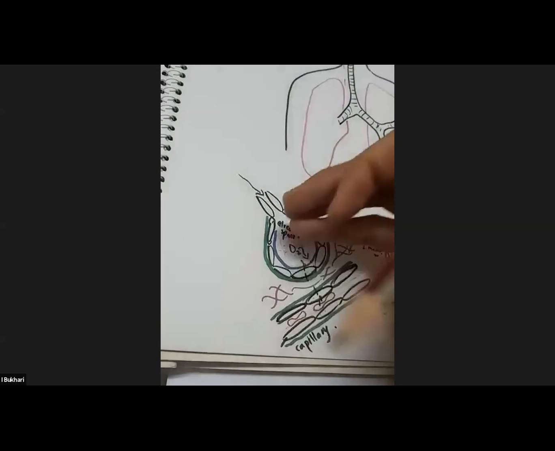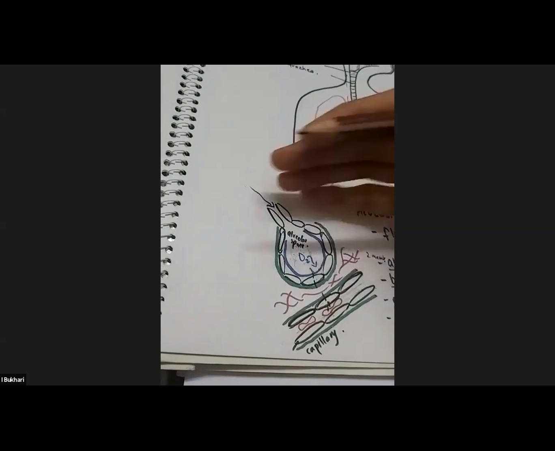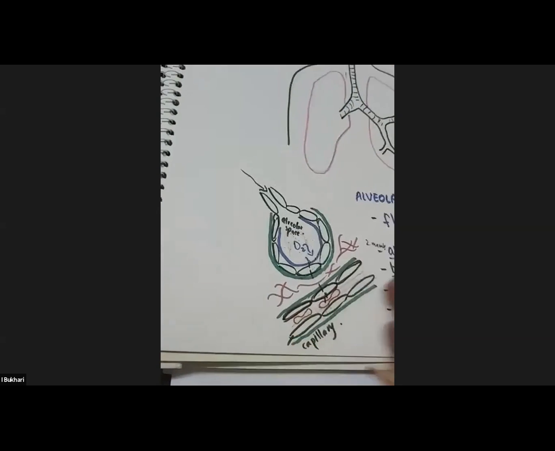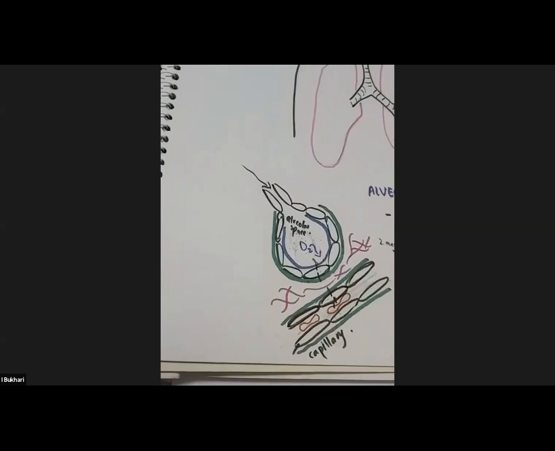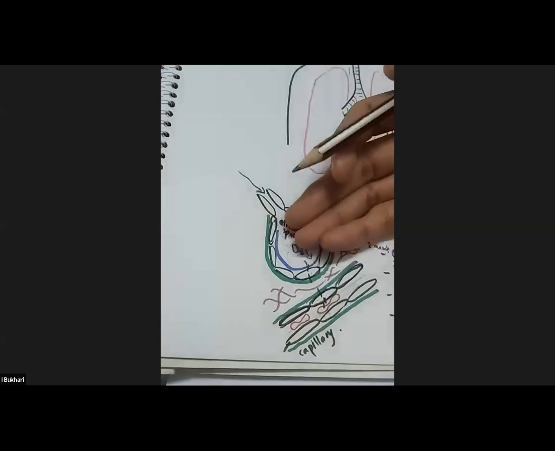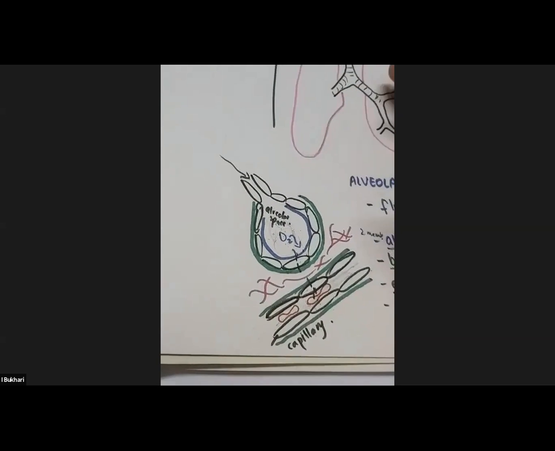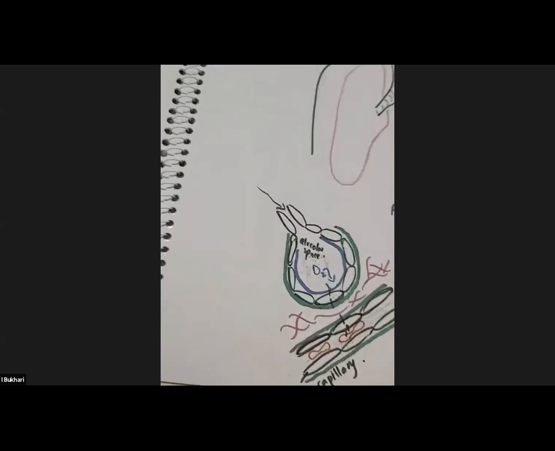So how is this concentration gradient maintained? By constant blood supply and constant breathing movements. Constant blood supply, or blood flow, you can say, and constant breathing movements. That is what makes sure that the concentration gradient is always maintained. Okay.